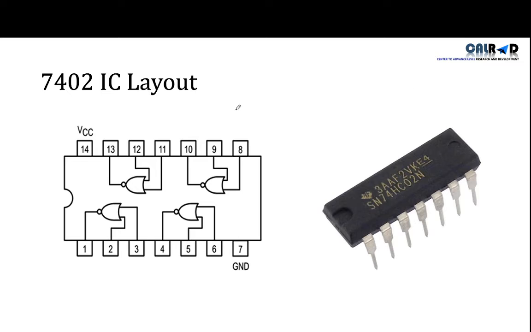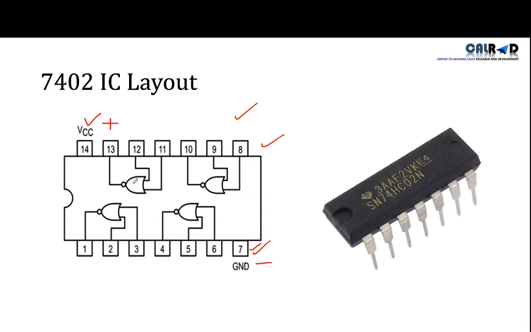This is the layout for our today's IC, in which you can see 7 legs here and 7 legs here, and same like the previous IC, the leg 14 will be used for VCC, this means for the positive terminal, and leg 7 will be used for the ground, or you can say for the negative terminal. Now this IC can perform 4 applications related to NOR gate.